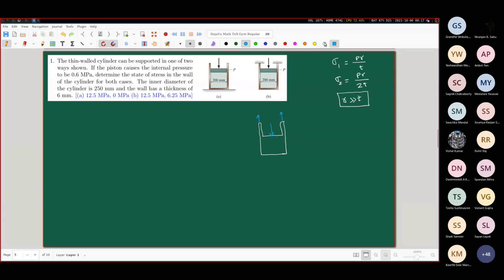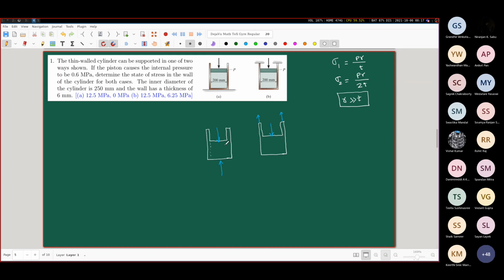But in this particular case, you have the same kind of cylinder, but the externally applied force is balanced by the reaction force from the floor or the platform which is beneath the cylinder. Now in this case, you do not have the generation of any tension in this wall.